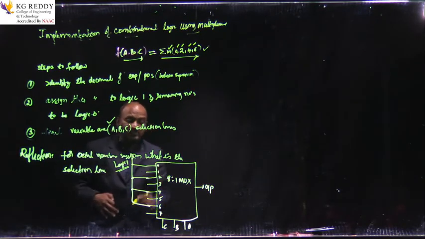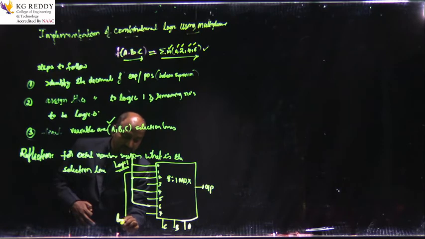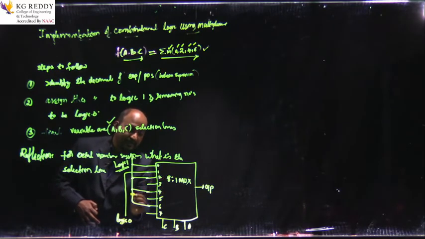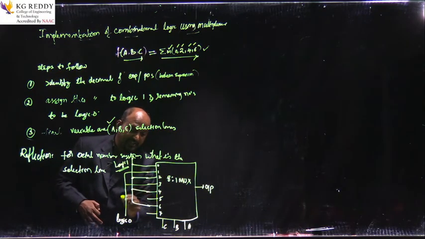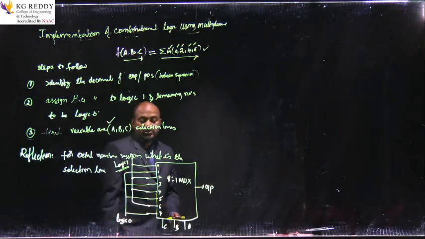The remaining numbers, 1, 3, 5 and 7, are connected to logic 0 and will not work.